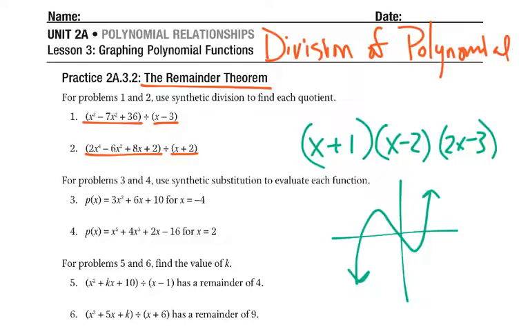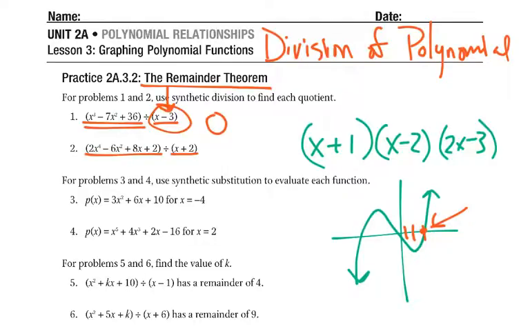And the idea is, if I divide this into this and I get a remainder of 0, that tells me that that 3 is a zero. It's a factor and a zero.